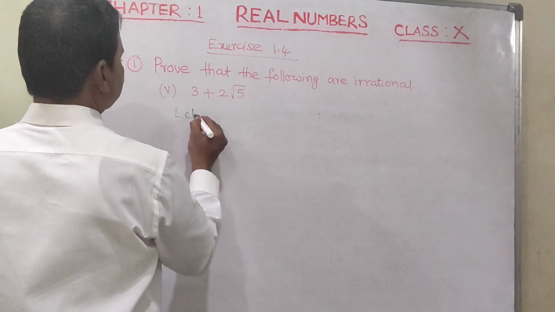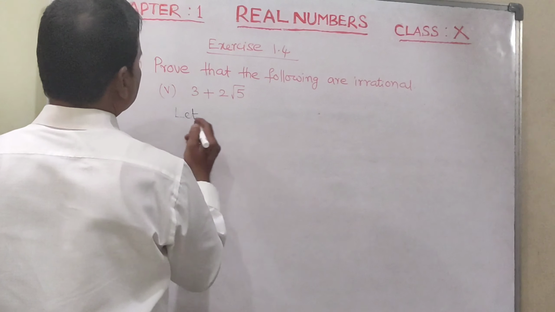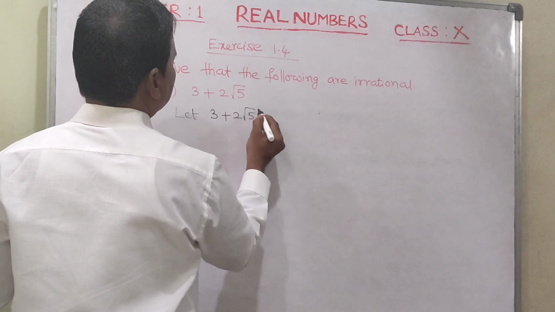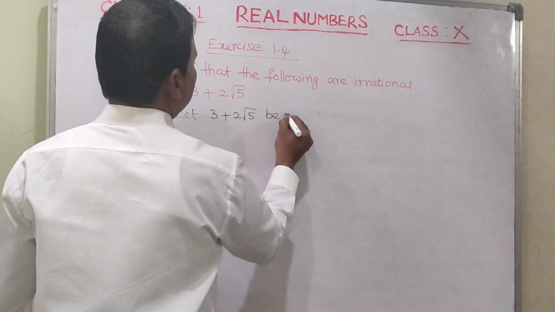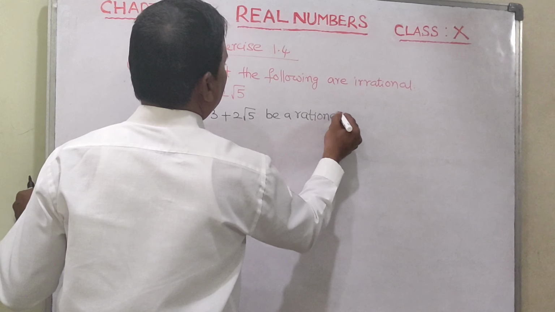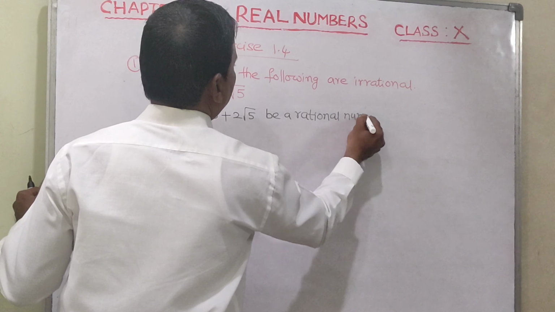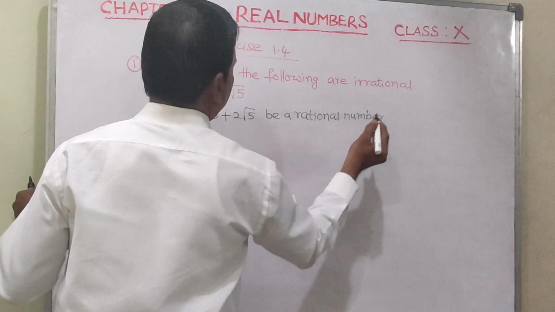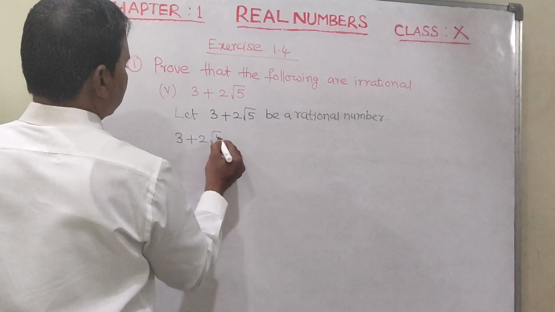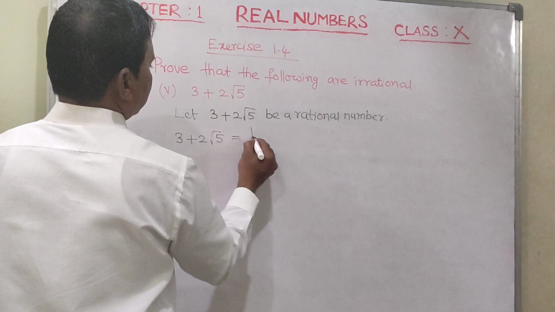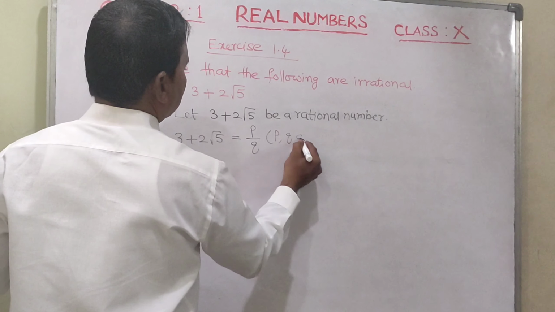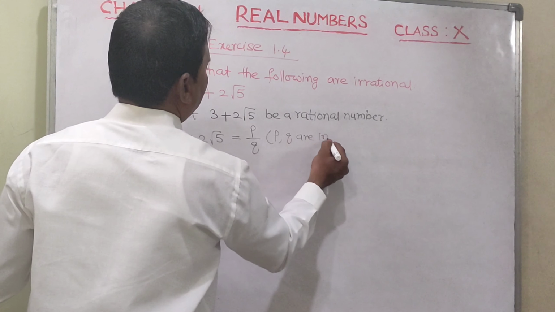Let 3 plus 2 root 5 be a rational number. Then it should be in the form of p by q, where p and q are integers.